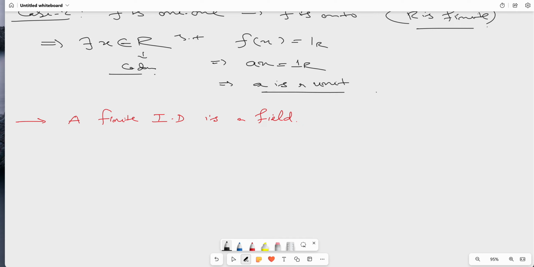I think this proof is also very easy. There is no mathematical expression here. You can prove it by an argument. So if I have an integral domain which is finite, this is going to be a field.